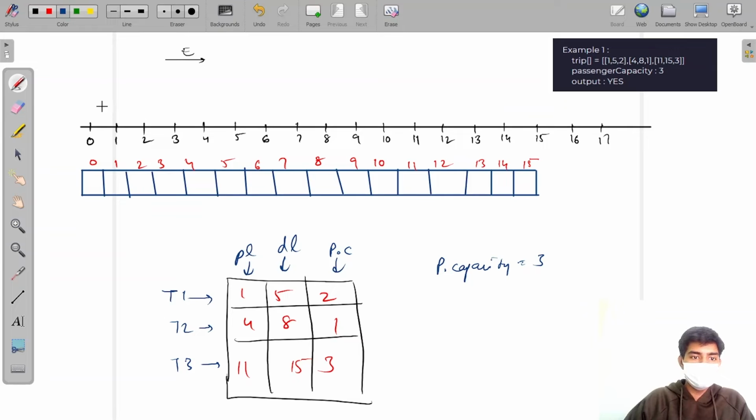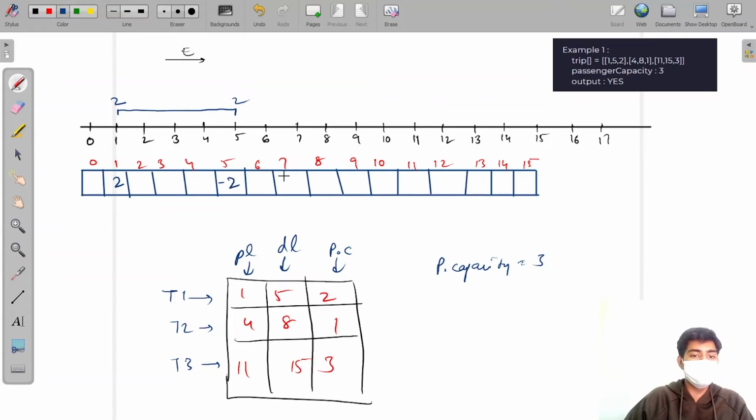So it is saying that my first trip is from 1 to 5, and I pick up 2 people, and I drop off 2 people. So at the first position, I'm going to put 2 in my array, or in my vector. Then at 5, I'm going to put minus 2.